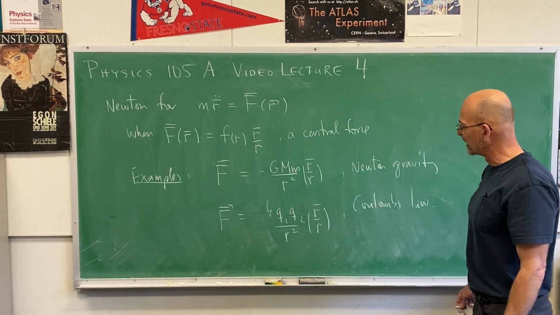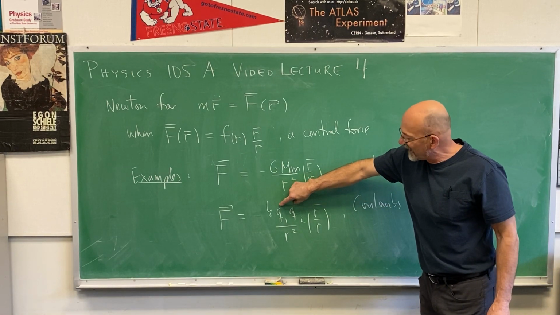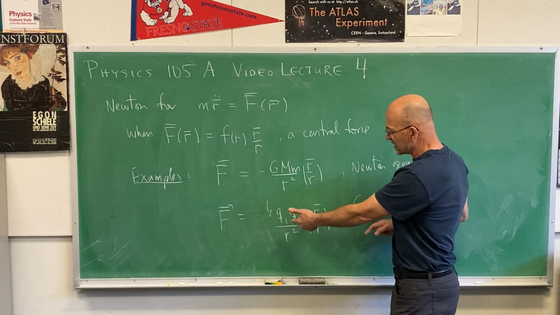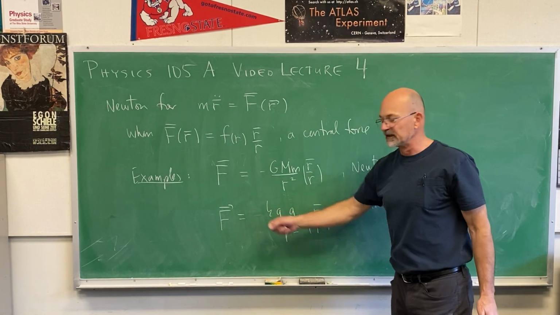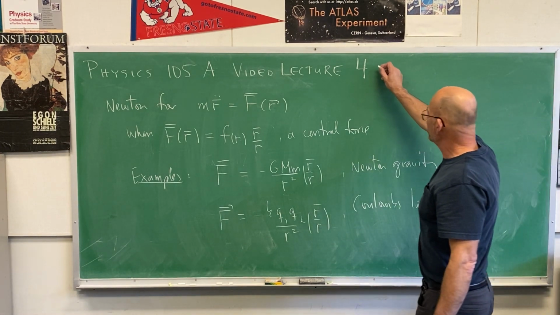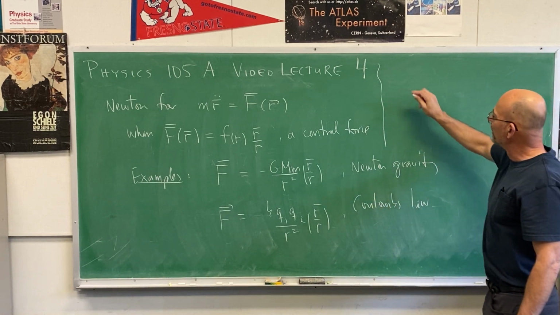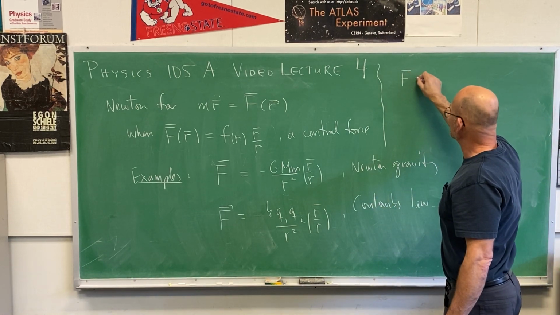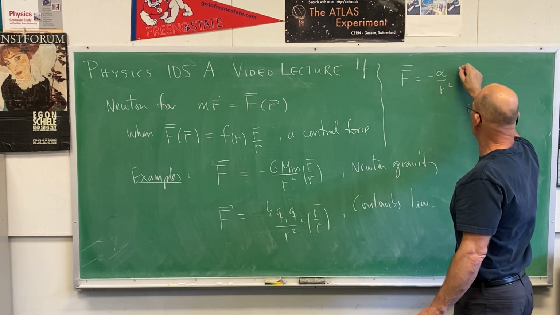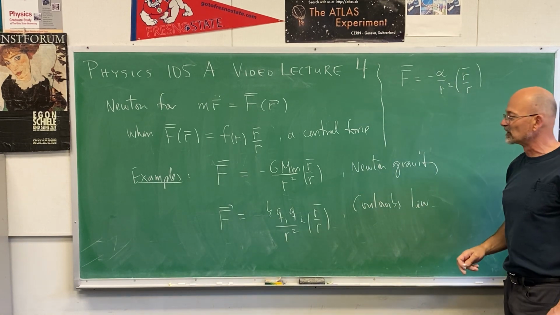Let's erase the minus sign, because of course we have like charges repelling and unlike charges, where one of them has a minus sign, would give us the minus sign intrinsically. Okay, so that would be Coulomb's law. Both of these we're going to consider in the form F equals minus alpha over r squared times that unit vector. We're just going to consider the general case.